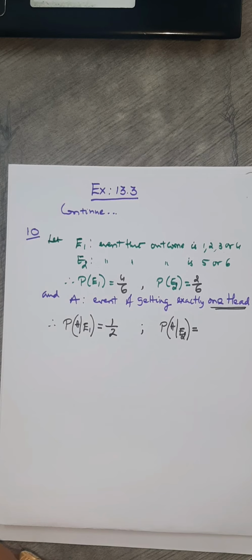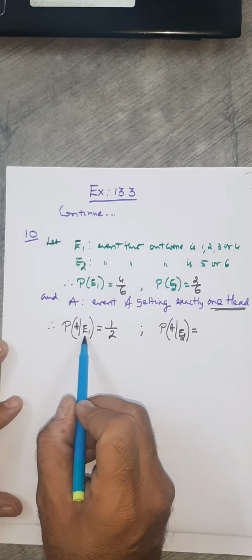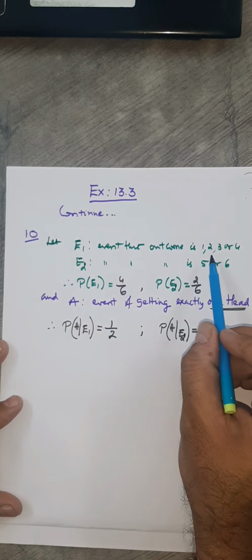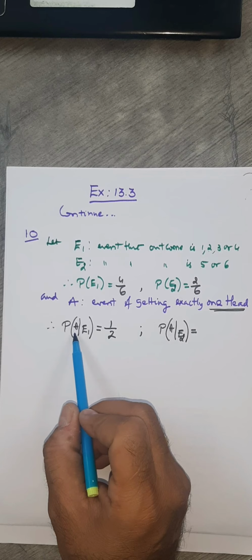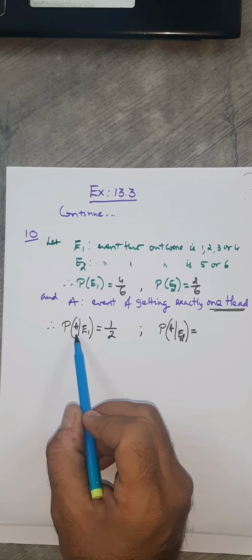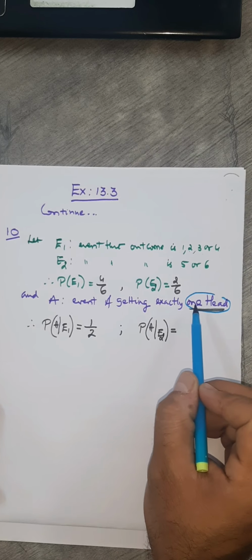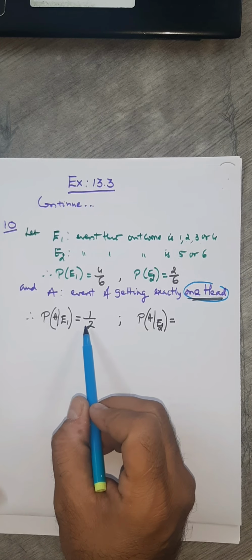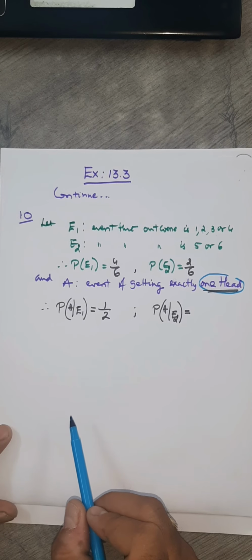Fine. So I repeat this. This means event E1 has occurred, that means either you obtain 1, 2, 3 or 4. Then she tosses a coin once. So what's the probability of getting one head in a throw of a coin? That is nothing but 1 by 2. That's obvious here.